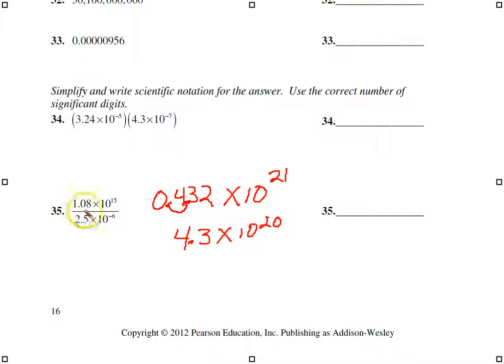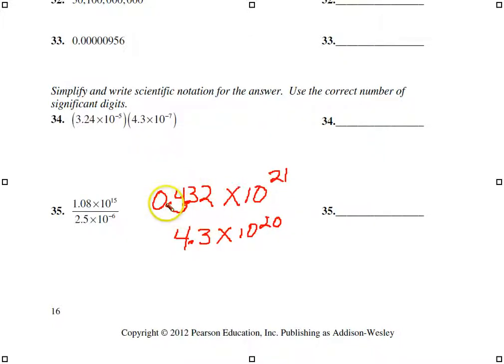Okay, on this last one, notice this has 3 significant digits. This has 2 significant digits. So when we do this division, we end up with this. But this number has 3 significant digits, so we have to go to 2. We don't have to round off. We would just drop this.